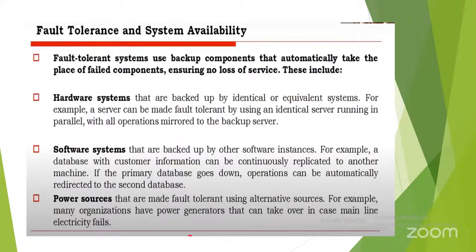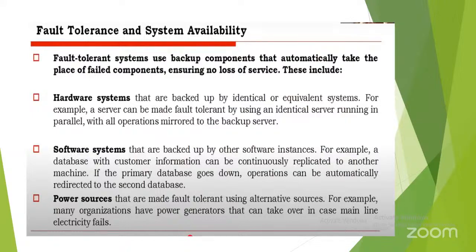But to avoid this, a fault tolerance mechanism is there. The fault tolerance mechanism says that this hardware, that is the hard disk drive, can be maintained as a mirror image, that is, the same data can be stored somewhere else also. Hard disk level, pen drive level, or you have a CD drive also. The same document or same project or app information is in the CD, in the pen drive, in the hard disk. But unfortunately, the hard disk is crashed.